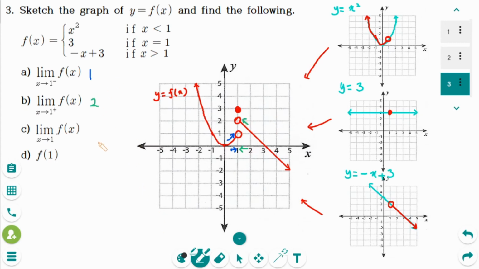Number C, the left-hand limit is not the same as the right-hand limit, so does not exist. And then number D, when x is exactly 1, the y value is 3.